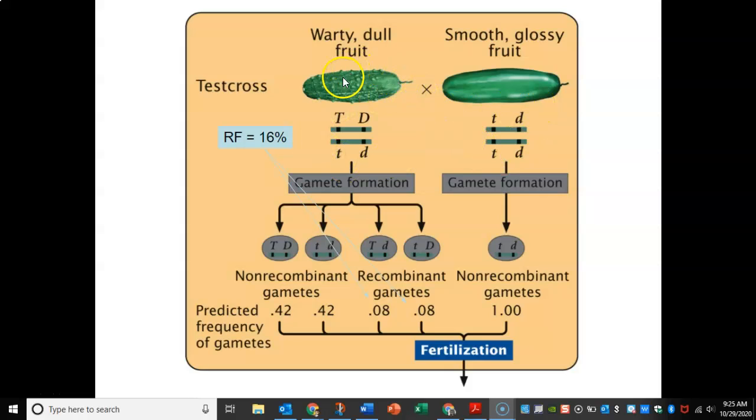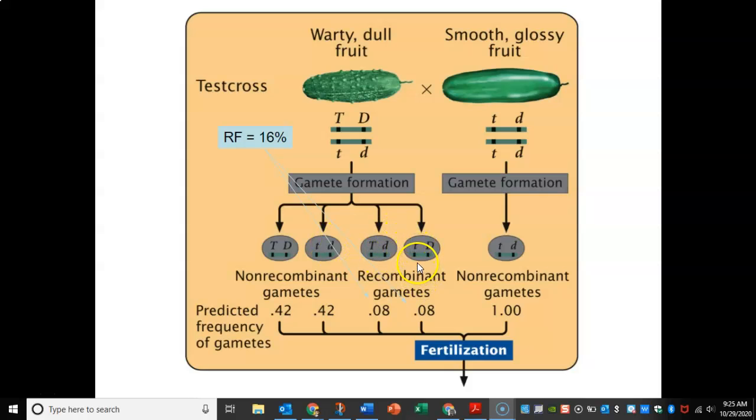And then you have your homozygous cucumber, I guess, and you have your gamete formations, okay? The only gamete formation you can have with this test cross cucumber is the homozygous recessive, but for your gamete formation, you can see that you have 2 non-recombinant gametes and then your recombinant gametes.